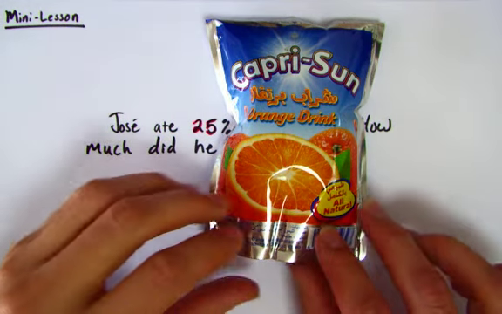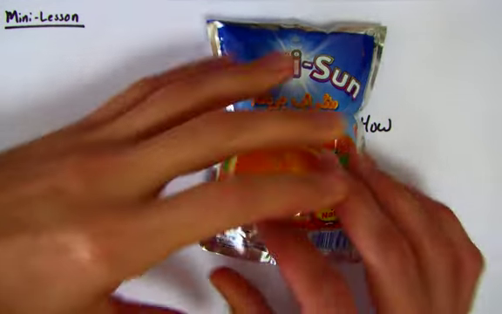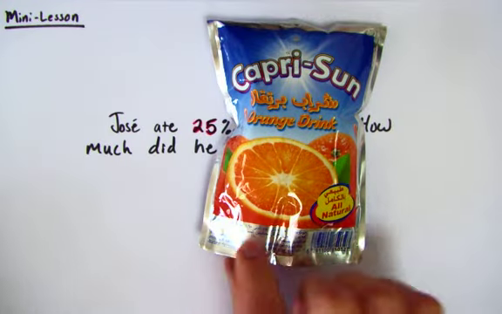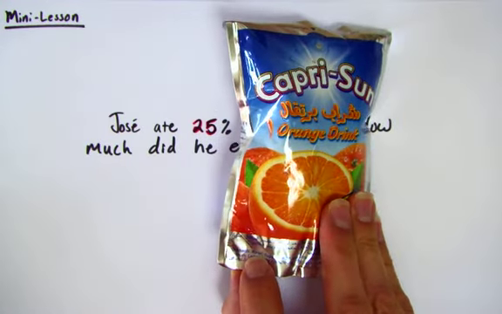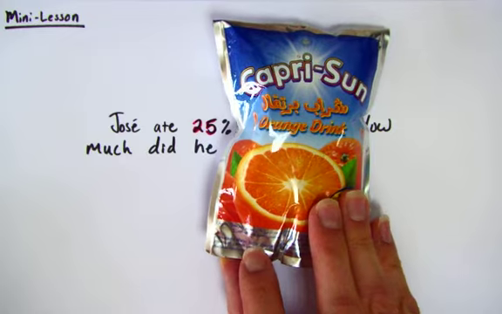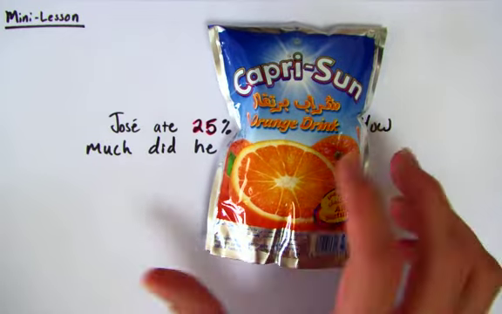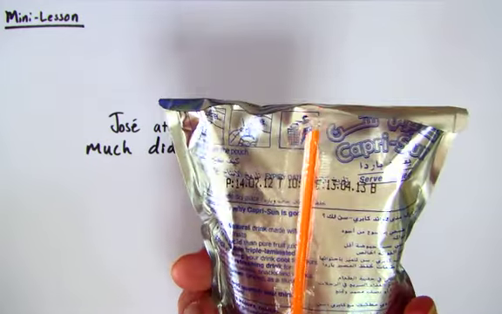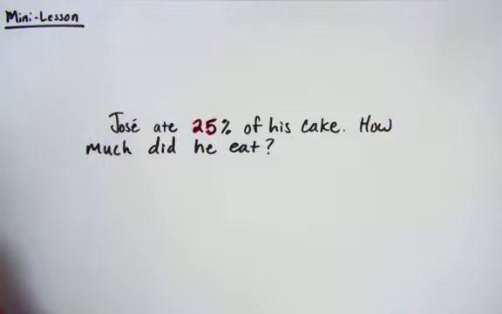That's amazing. That's only a small part of the whole drink. So a lot of it is water, and a lot of it is sugar. So try not to drink these. But that's an example of how we use percents in the world.